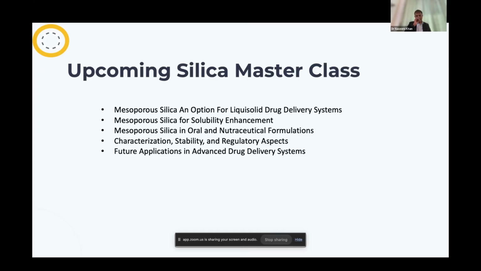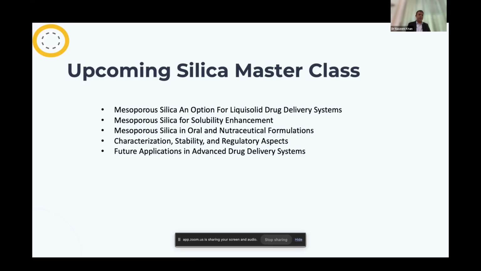In the coming time, we are going to have in-depth classes. We want to discuss more how liquid drugs can be converted into powder, then solubility enhancement, the important role it plays in nutraceuticals, stability and the regulatory aspect, future applications and advanced drug delivery, nano medicines and very advanced drugs, and even the filtration of proteomics and genomics, even T cells.